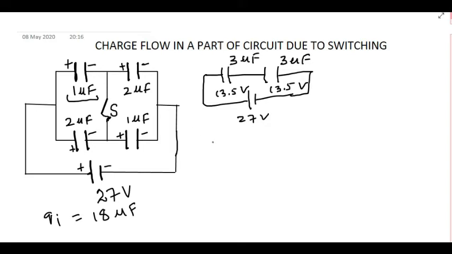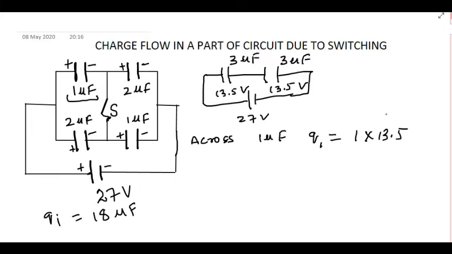So the charge across 1 microfarad will be equal to capacitance, which is 1, into potential drop, that is 13.5. That will be the same for upper as well as lower.